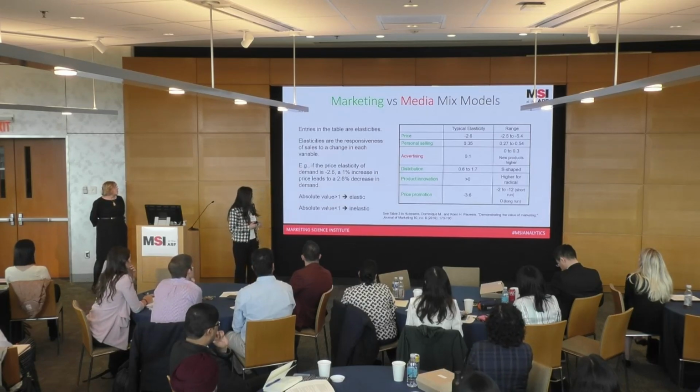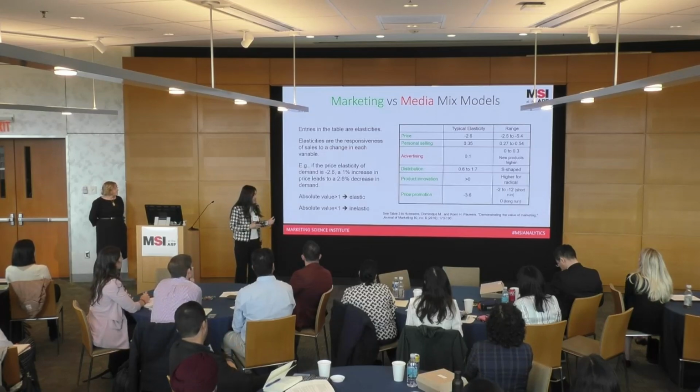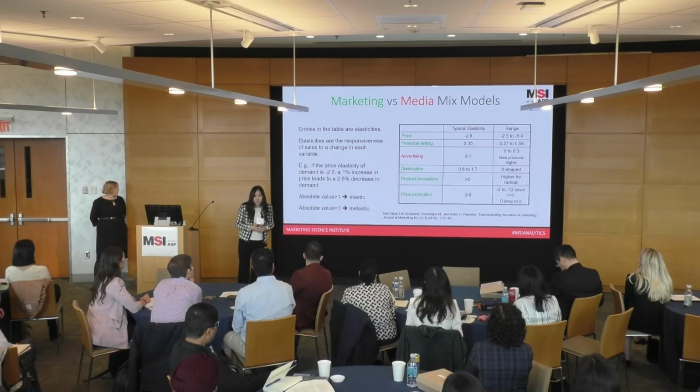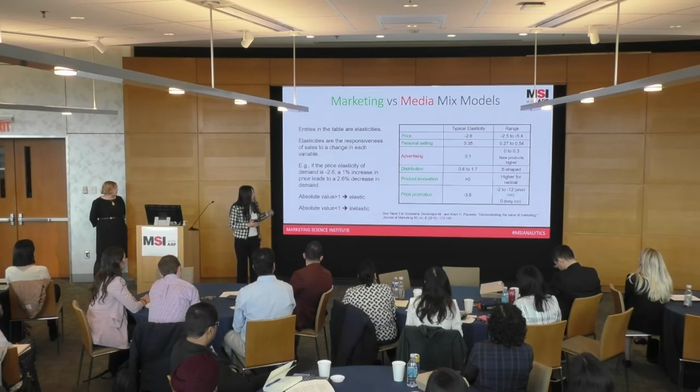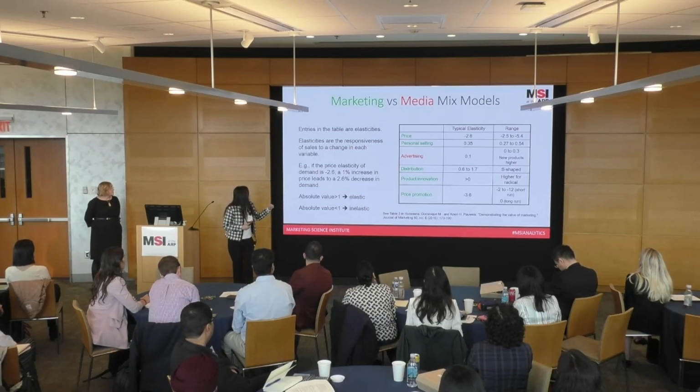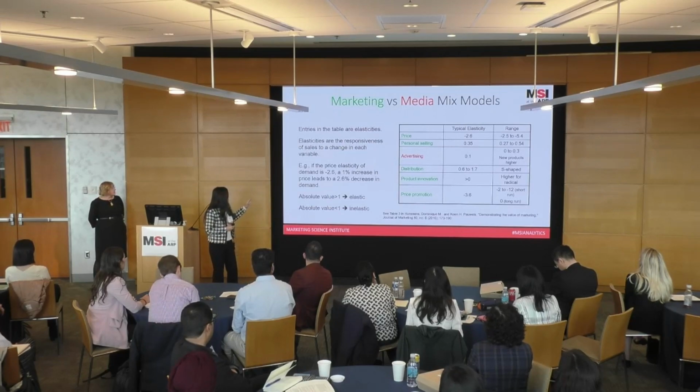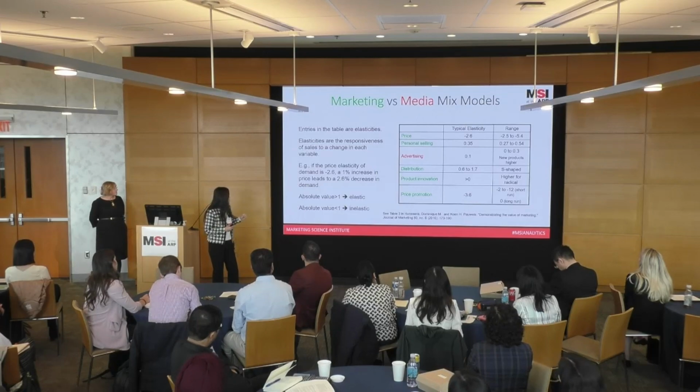Here is a table from Dr. McKenzie and Quinn Powell's paper published in 2016 in the Journal of Marketing. All of the numbers in this table are elasticities. Elasticities are the responsiveness of demand or sales to a change in each of these variables.